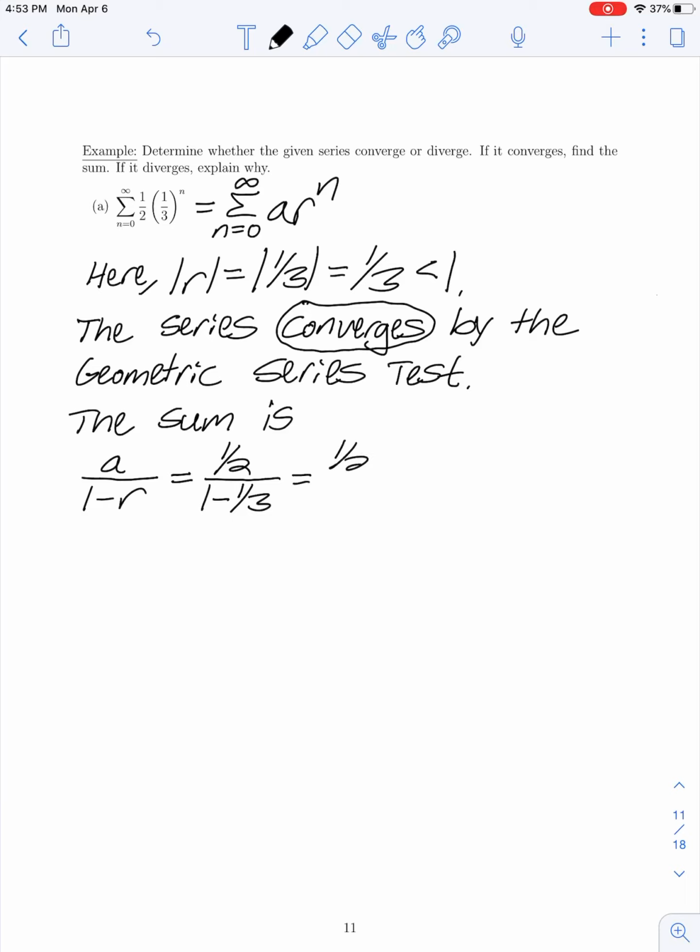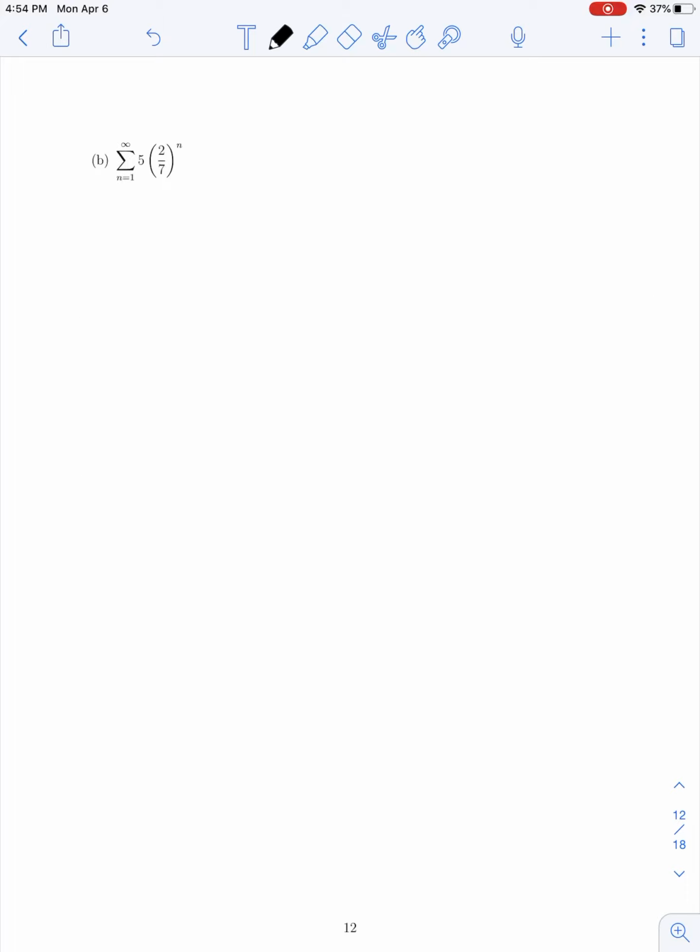So we're left with 1/2 over 2/3. And recall, to divide fractions, we would take our numerator, 1/2, and multiply by the reciprocal of the denominator, 3/2. So this leaves us with a sum of our series of 3/4. So let's look at another one, maybe not so straightforward.